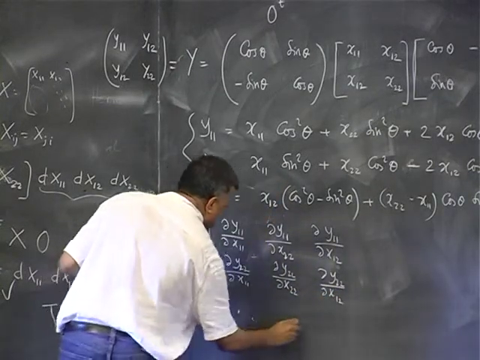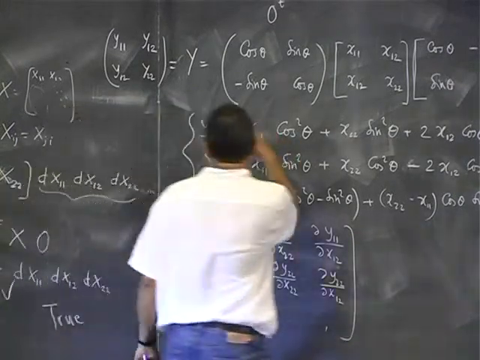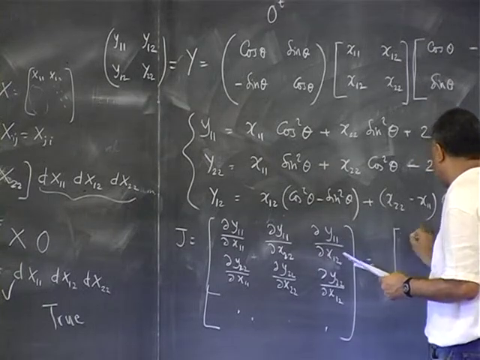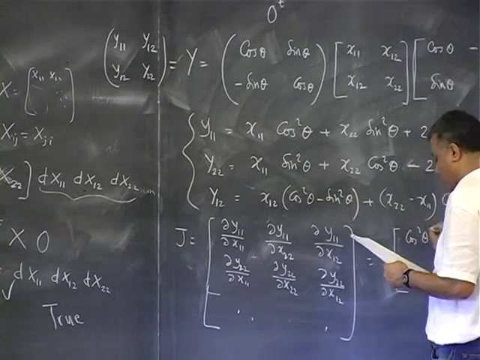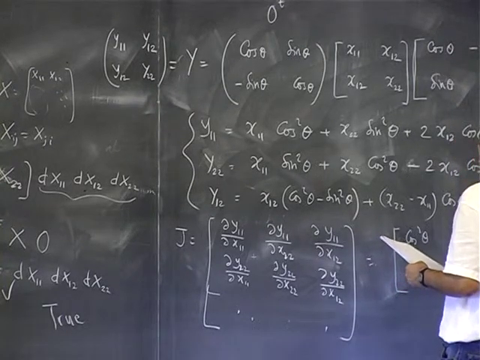And similarly, the third element here, I'm not going to write down. If you just work it out from this, it is trivial. So you will get this matrix: cosine square theta, sine square theta, 2 cos theta sine theta.